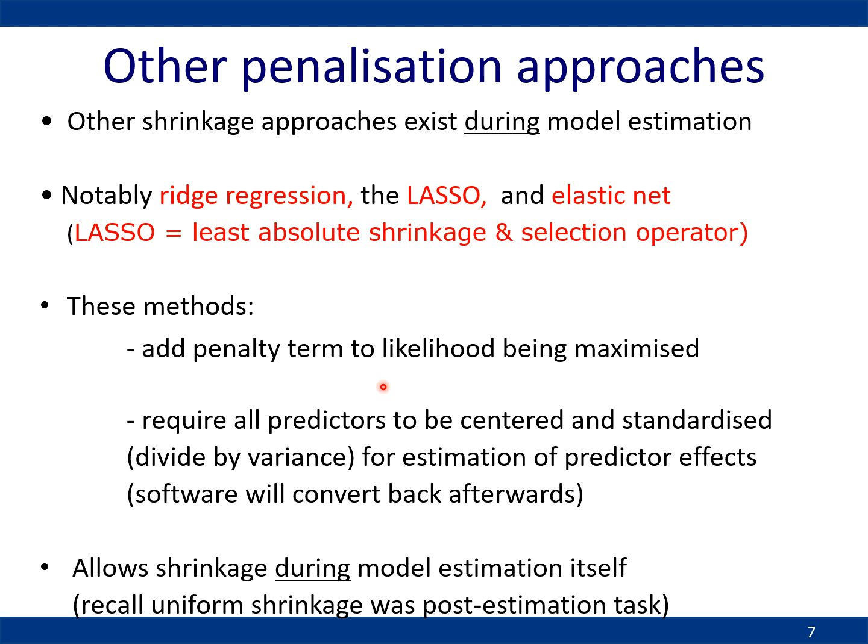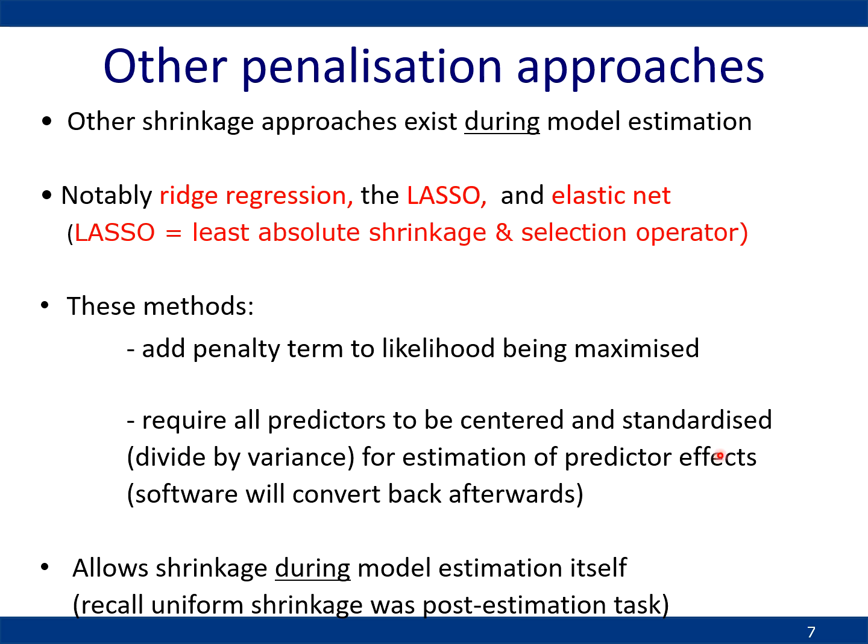Note that although you don't notice this in actual software because this happens behind the scenes, when we add in the penalty terms, the way the approach handles this is to make sure that all predictors are centered and indeed standardized, so divided by their variances, so they're all on a common scale, so that the penalty terms act in a common way on that particular scale, but then they are back transformed afterwards, so you don't actually notice it in the process itself.